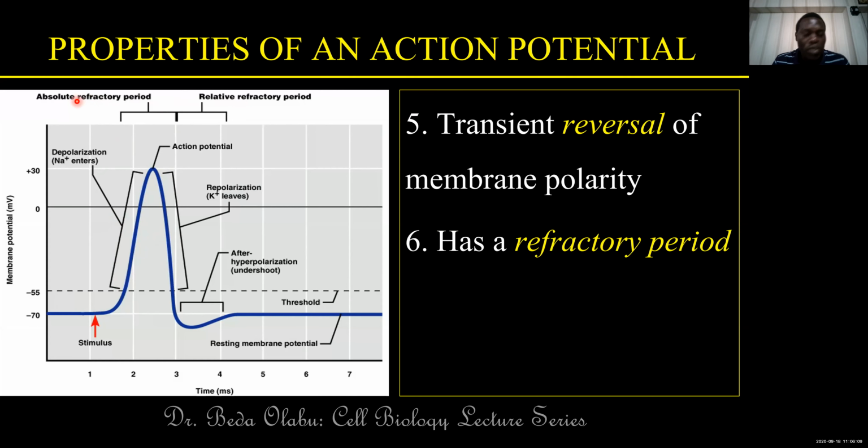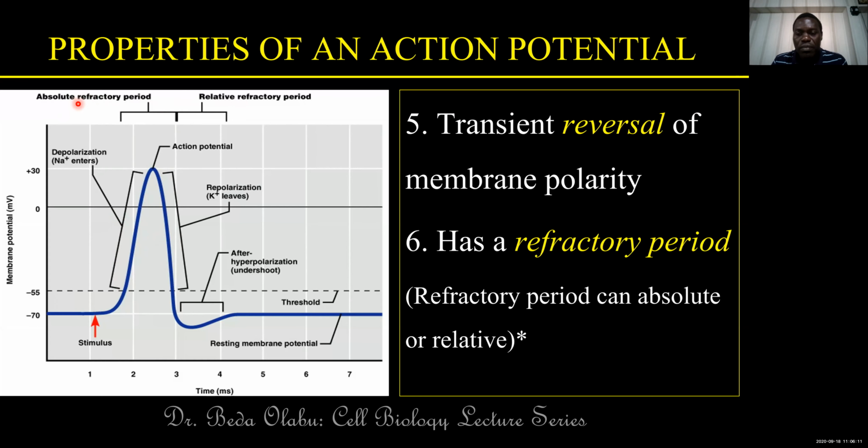We have the absolute refractory period, where it is not possible completely to generate another action potential. So that applies for depolarization phase, overshoot, and repolarization phase.